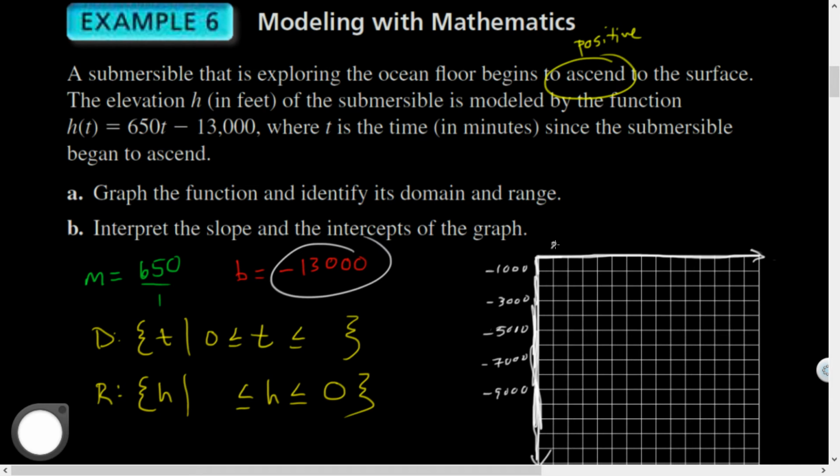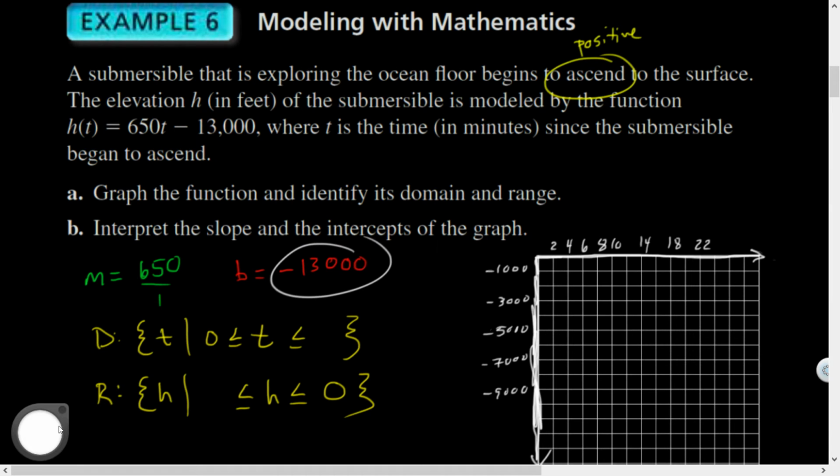So 2, 4, 6, 8, 10, 12, 14, be there, 16, 18, 20, 22, something like that. I could have figured out what my x-intercept is going to be, so I could have then figured out where it's going to go, because this has a positive slope because it's ascending.